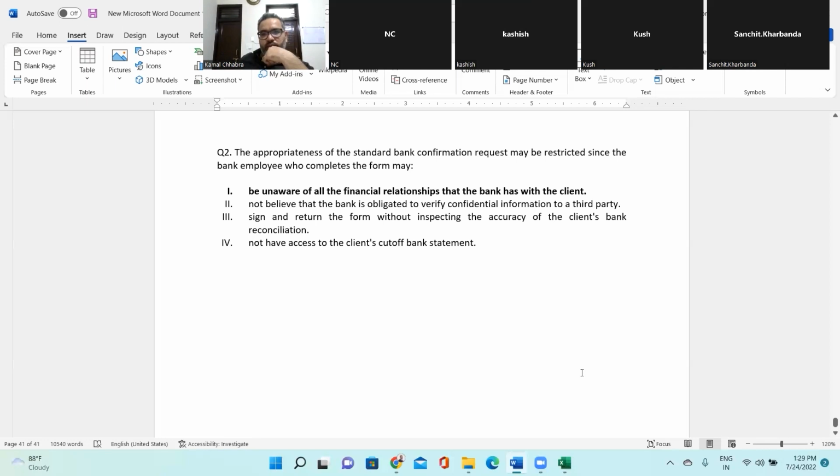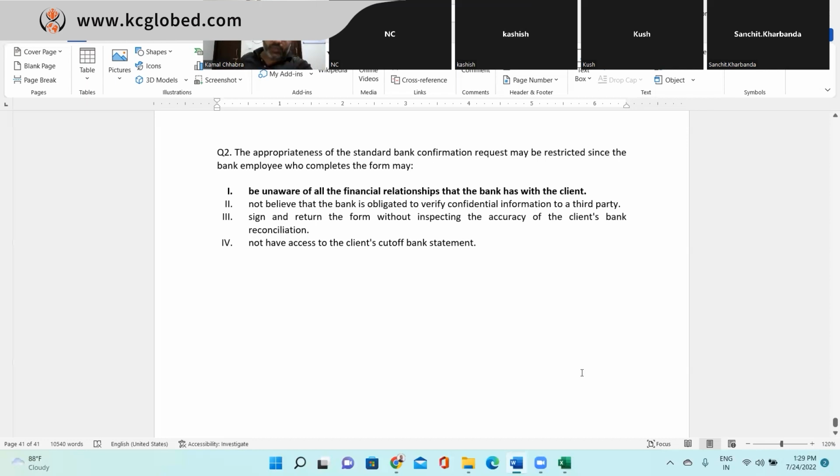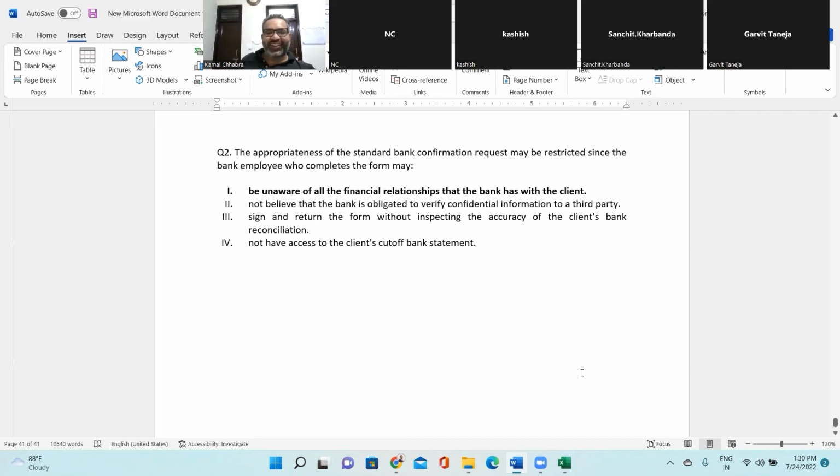तो सर वो तो बैंकर को पता लग ही जाएगा ना कि right nowadays it's all on CBS, centralized banking, right? But in earlier days, there were different departments. Loan department was different, FD department was different, banking department was different. But nowadays it's all in a click of a button. So it's maybe like an old question.